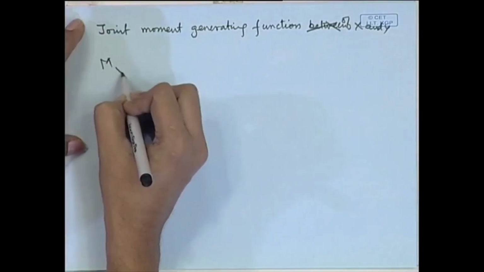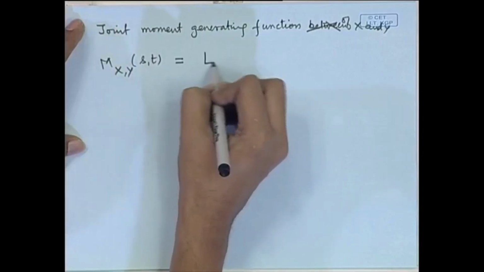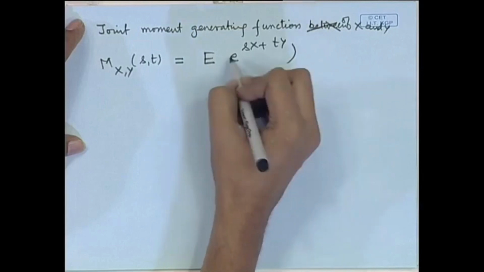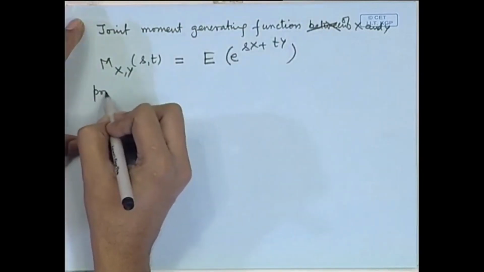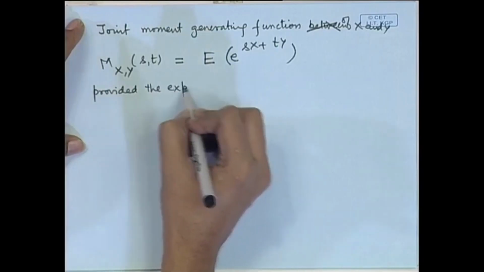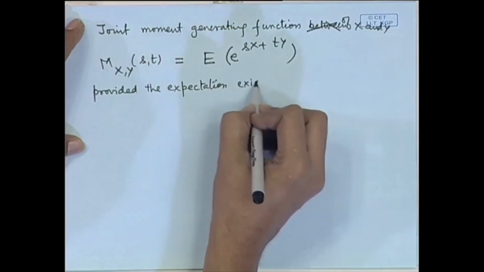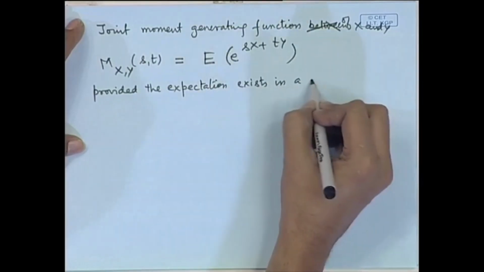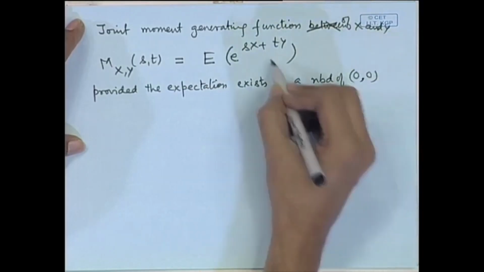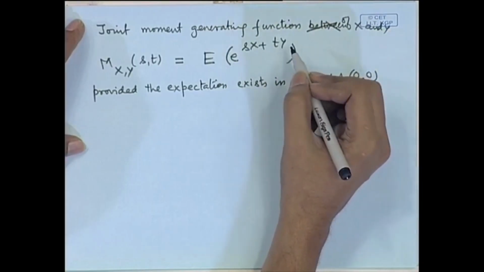So, we use a notation m x y at the point s t. It is expectation of e to the power s x plus t y, provided the expectation exists in a neighborhood of 0 0. At 0 0 this always exists and it is equal to 1. So, in a neighborhood of 0 0 this should exist.